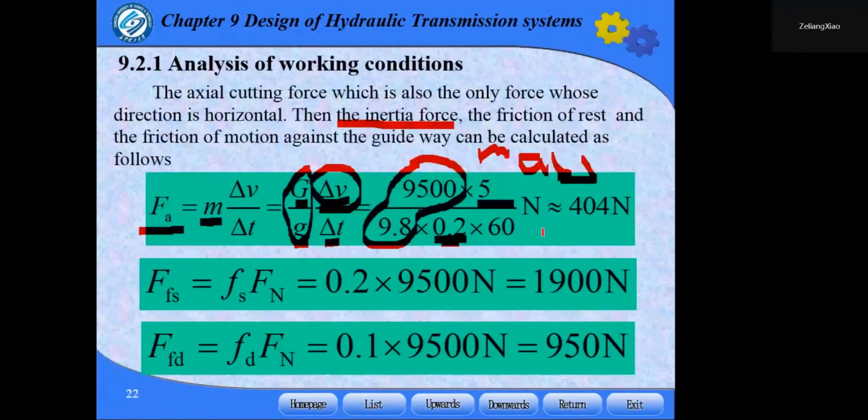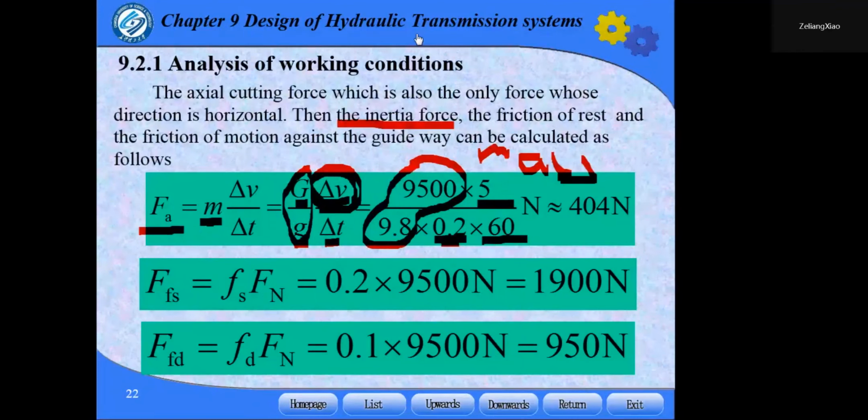The speed has the unit of meter per minute, so we should convert to the unit of meter per second. So we should divide by 60.